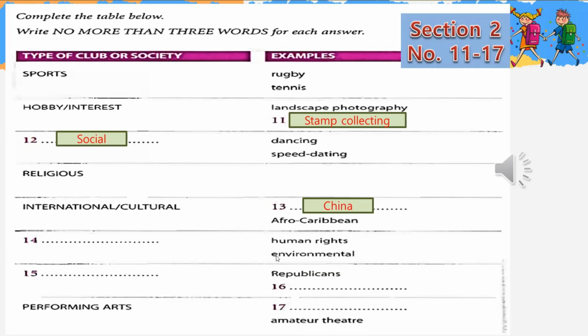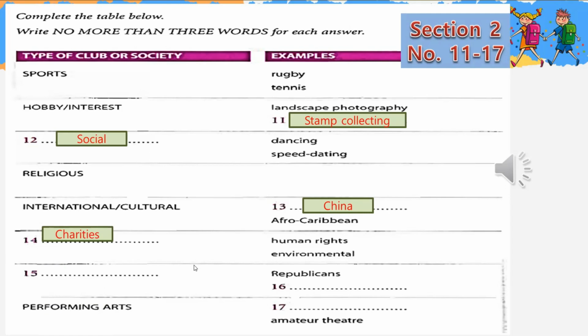And then for number 14, the examples of human rights organizations like Amnesty and environmental groups such as Greenpeace. Both of these are about the kind: human rights and environmental groups such as Greenpeace. This is called charities. Okay, this is the example.